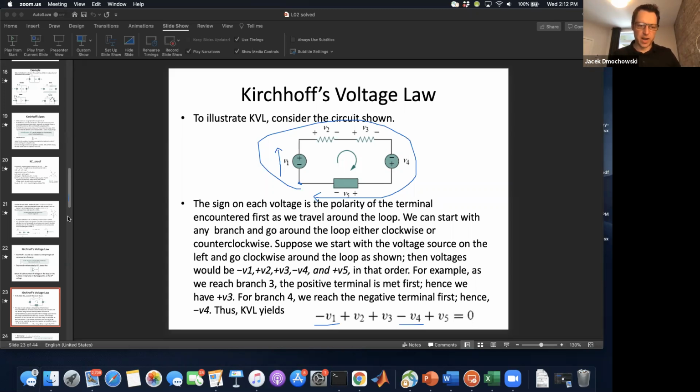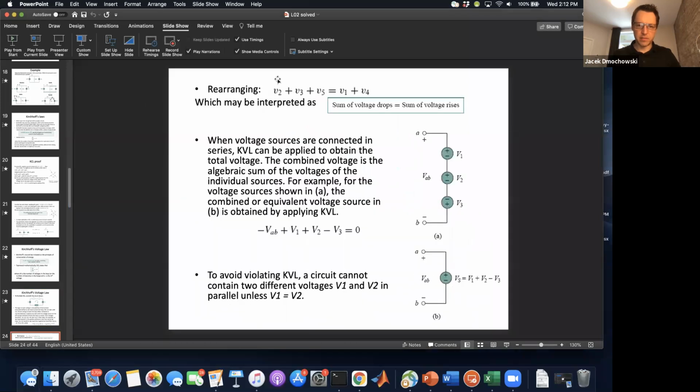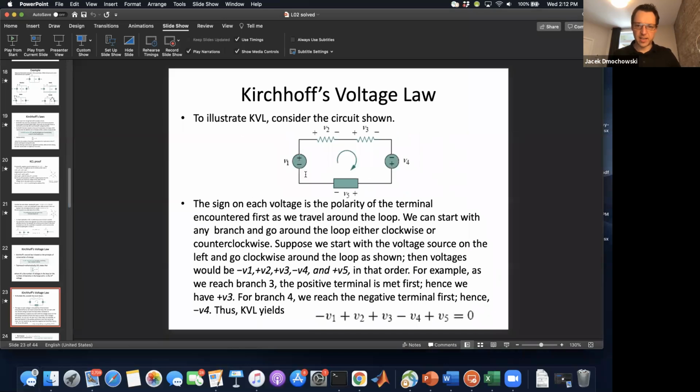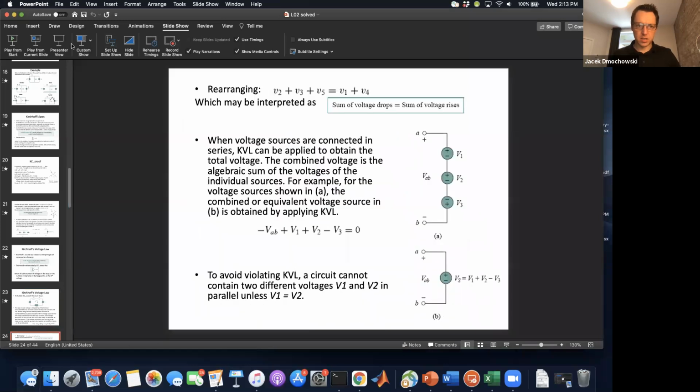Another way of stating this is that V2 plus V3 plus V5 is equal to V1 plus V4, and that's what's on this slide here.